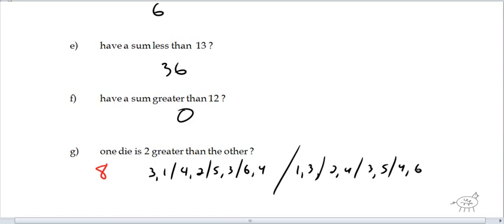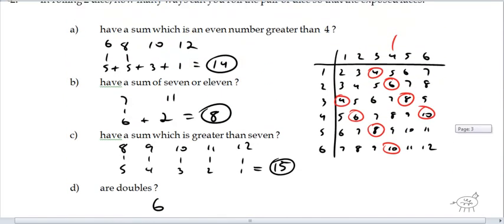Now, some of you guys might argue with me and say, well, wait a second, Mr. Curvis, isn't a 6 and a 4 the same thing as a 4 and a 6? Yeah, that's true. But it's kind of like saying, well, how many ways are there to get a 7? Do you guys agree? There are 1, 2, 3... there are 6 ways to get a 7. You don't just say there are 3 ways, because I can roll a 1 and a 6, and a 6 and 1. So truly, in this chart of 36 possibilities, there are 6 ways I can roll dice to give me a 7.